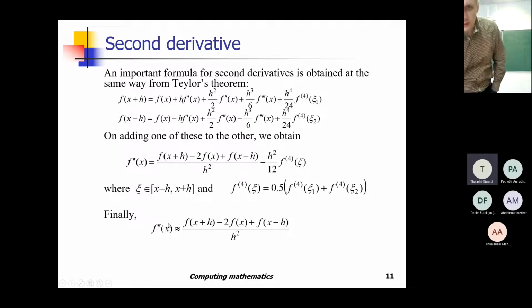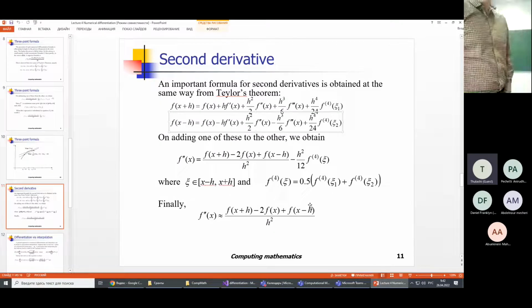This last formula gives us an approximation for the second derivative of a function.